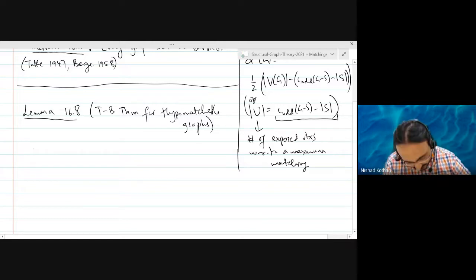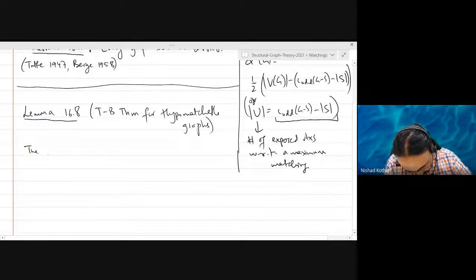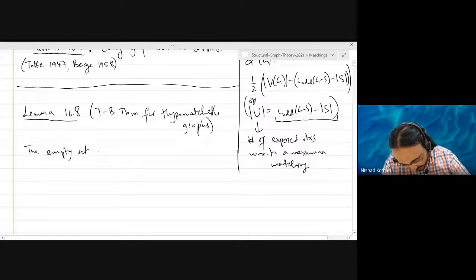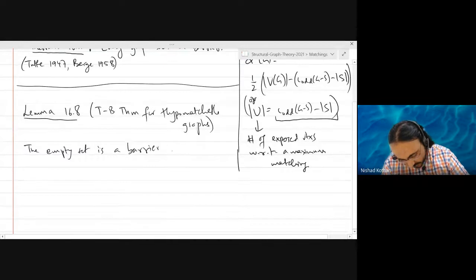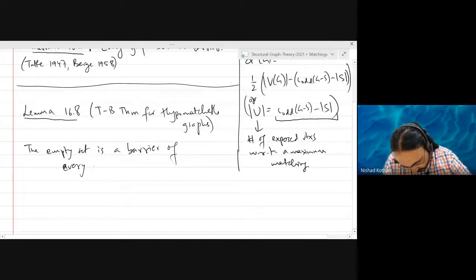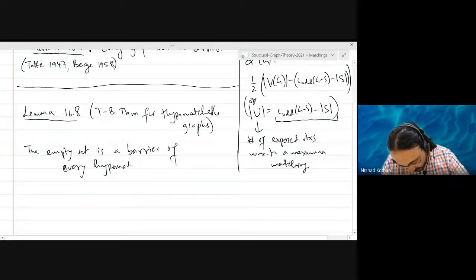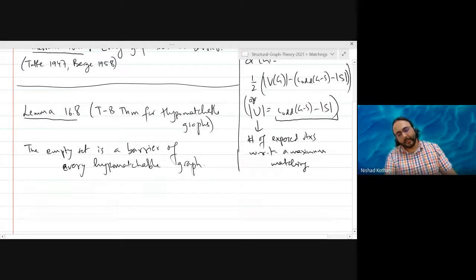So in fact, the empty set is a barrier of every hypomatchable graph. Right? Because the hypomatchable graph will have an odd number of vertices, that is clear by definition. And so if you delete nothing, you will be left with the whole graph, which is your only odd component. And so that is one more than the number of vertices you deleted, which is 0.